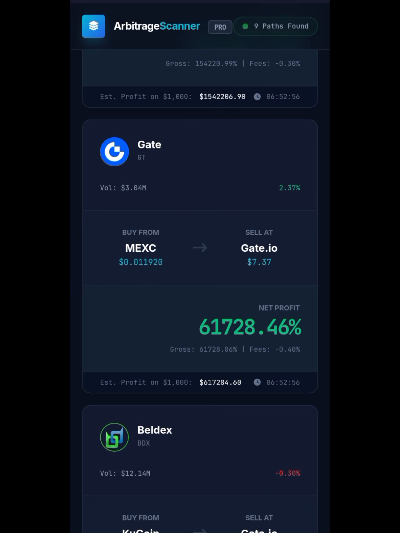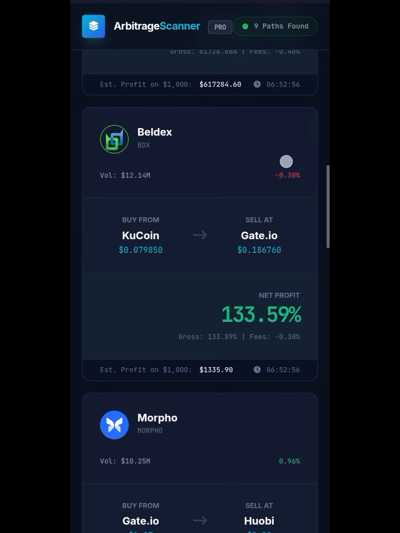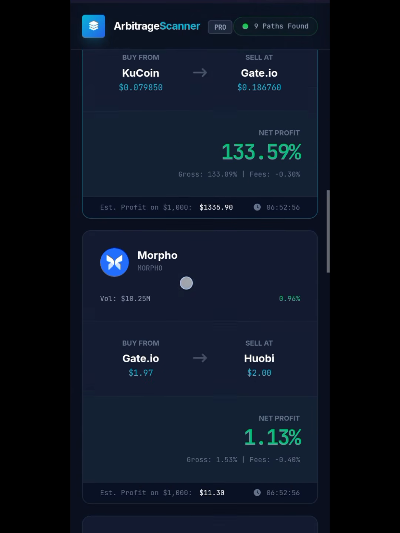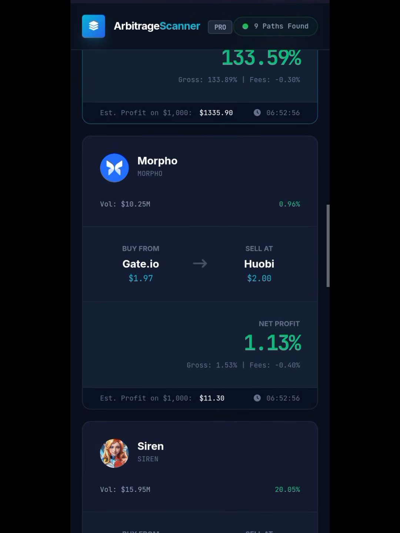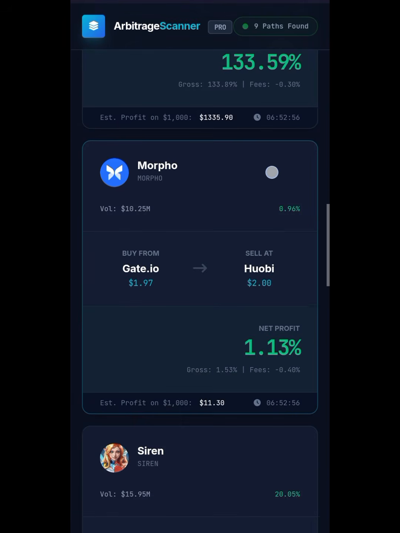This is basically like having a coin on MEXC and Gate.io with different bases, so it doesn't make sense. We are looking for prices that are reasonable and actually exploitable, that will not hang our money. So you have something like Morpho, right? That's the name of the coin anyway.